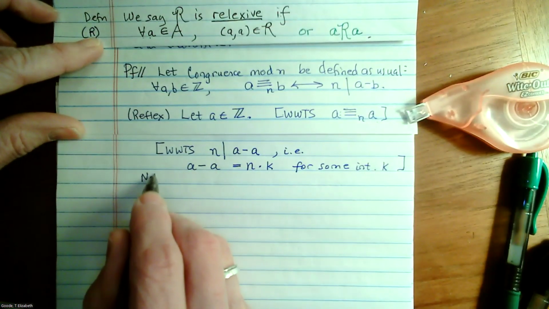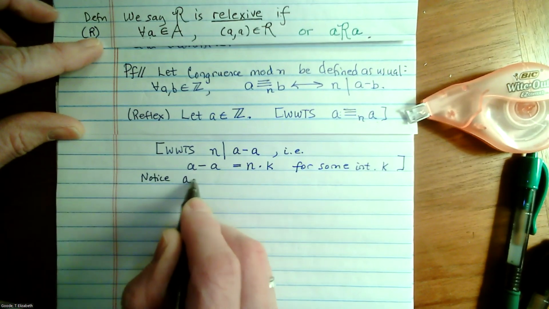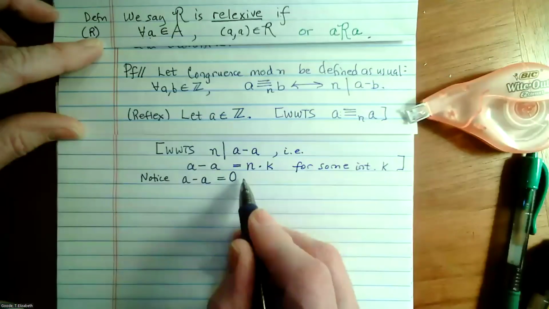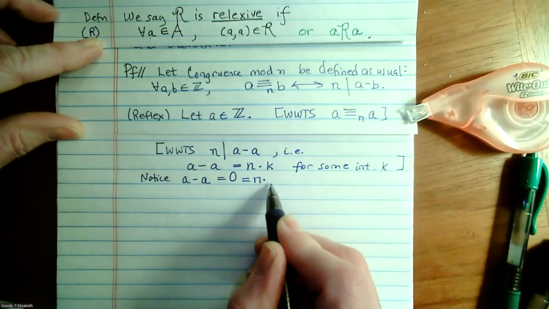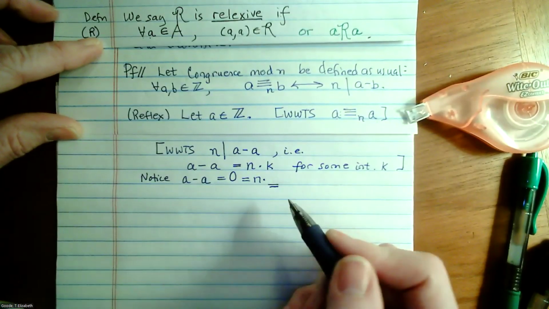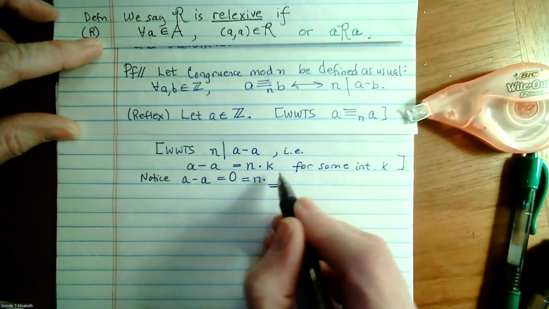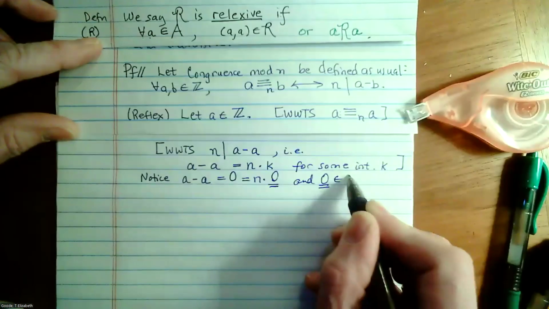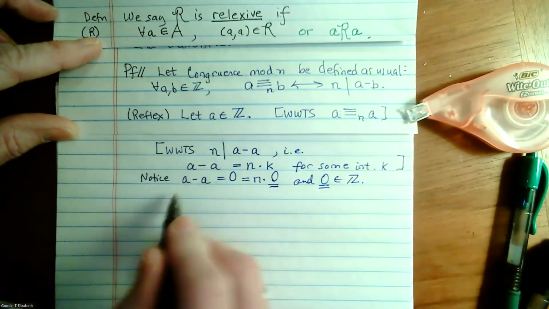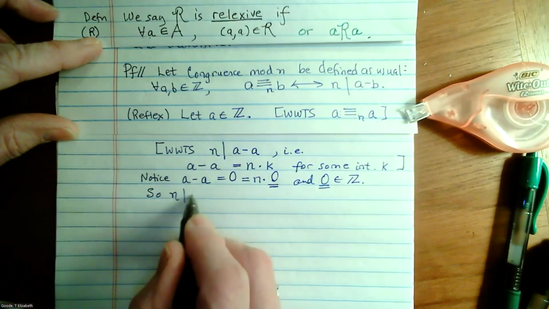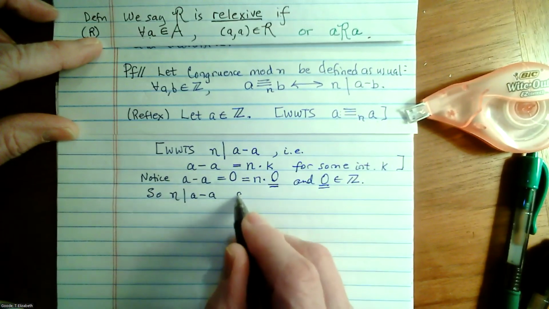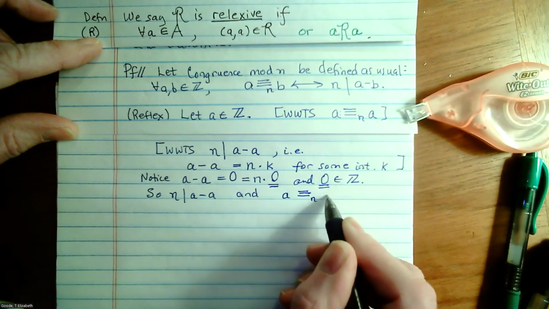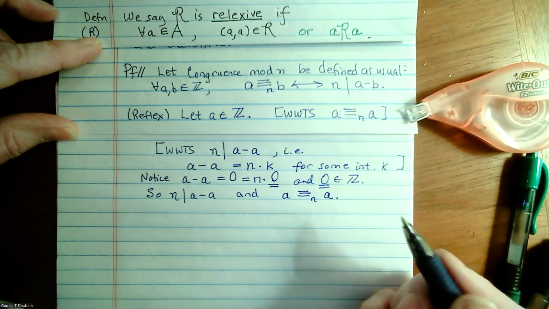All right, so let's just look at a minus a. Well, what is a minus a, everybody? 0. It's 0. And isn't 0 equal to n times an integer k? What's the integer k? 0. And 0 is in Z. So n divides a minus a, and that means a is congruent mod n to itself, a.